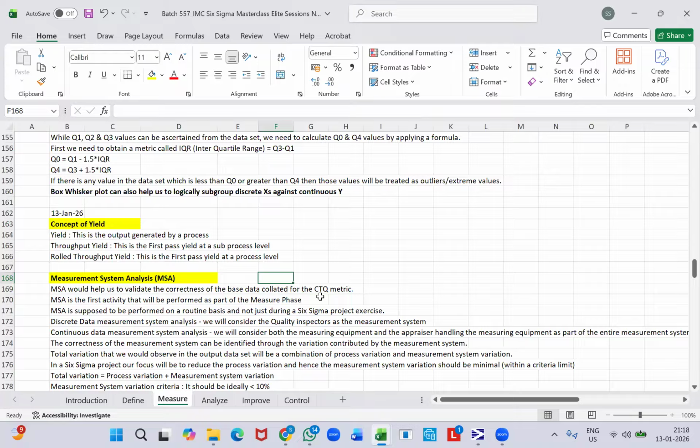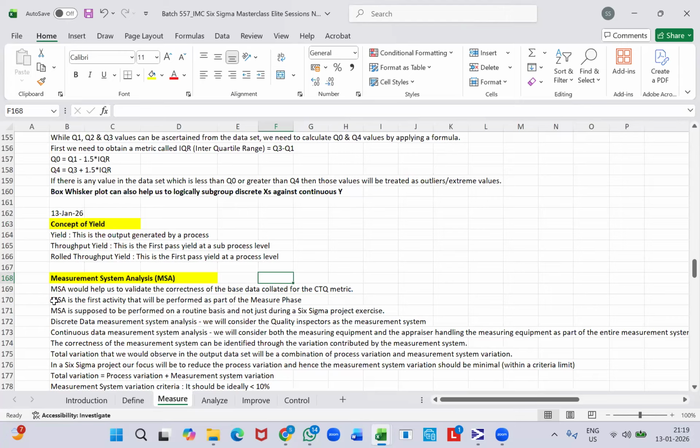Say for example, you're using a stopwatch in order to calculate the time taken to process a unit item. So whatever time values you have entered, how do you know that the stopwatch has given the right time value? Or you have measured the weight using a weighing scale. So how do you know that the weighing scale has provided us with the correct value? So there will always be a doubt. So we need to perform this exercise called measurement system analysis.